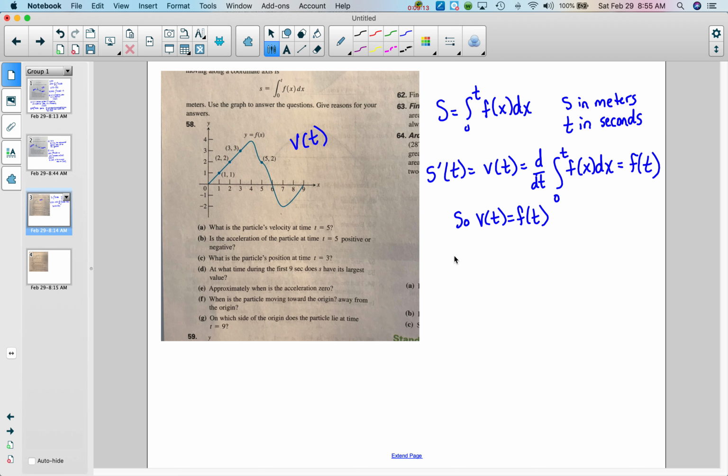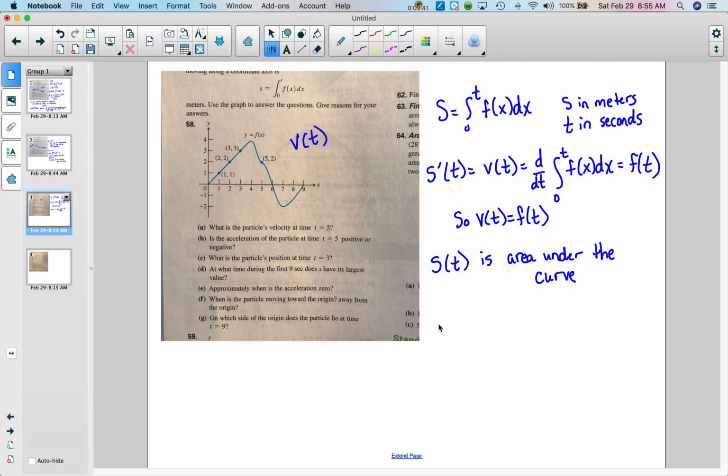Since the graph we're looking at is the velocity, s of t is represented by the area under the curve, so that's the accumulated distance traveled. We can see it's accumulating a positive distance, and then it's switching directions and going back the way it came.